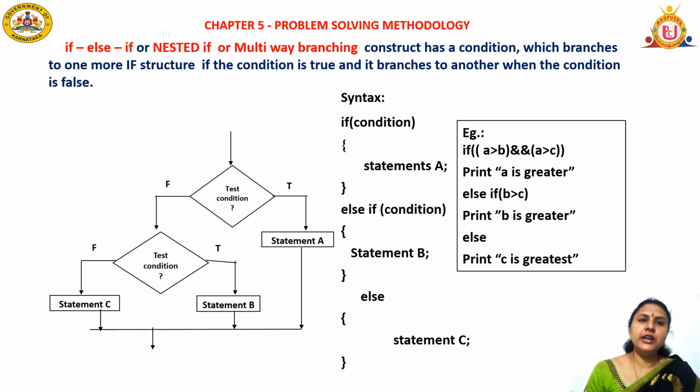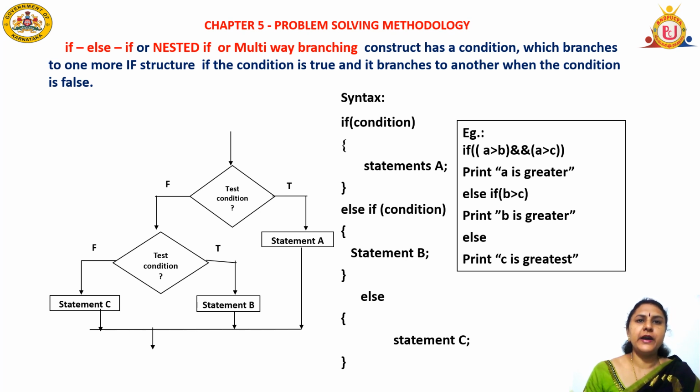Next, if the condition is true, it will execute one set of statements. If the condition is false, it will execute another set of statements. So this multi-way branching structure is a construct that has a condition which branches to one more if structure if the condition is true, and branches to another when the condition is false.